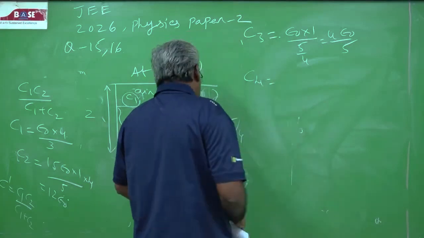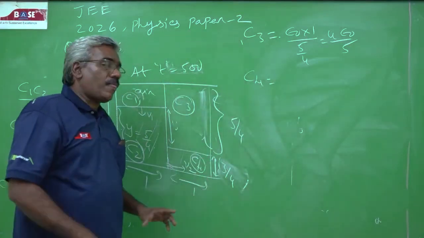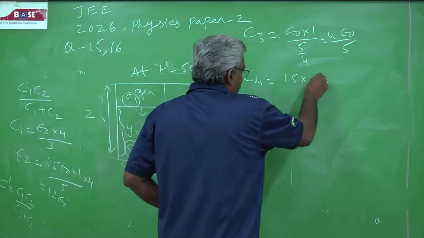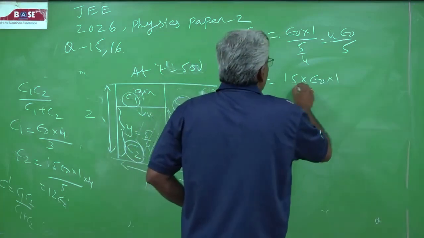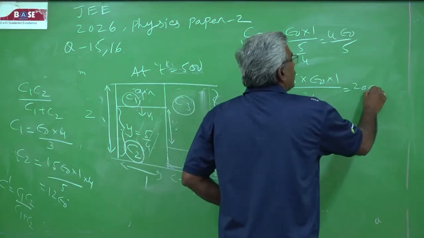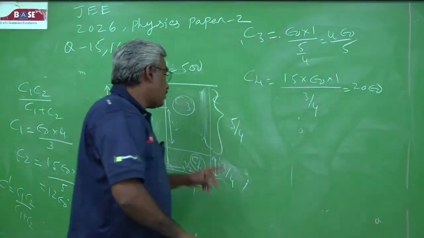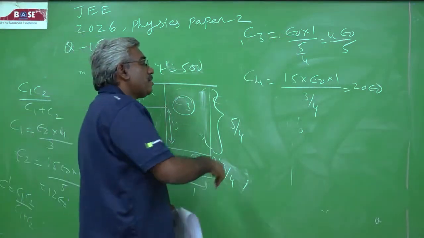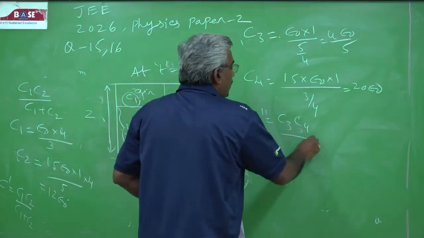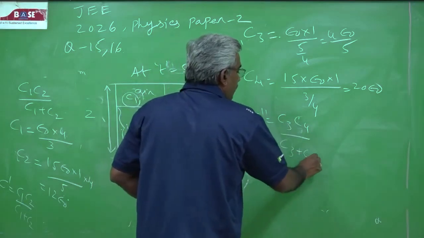C4, this is dielectric capacity, K epsilon naught A by D. K means 15 into epsilon naught into 1 divided by 3 by 4. I think this is 20 epsilon naught. These two are also series. Effective capacity, I will take this as C double dash, C3 into C4 by C3 plus C4.